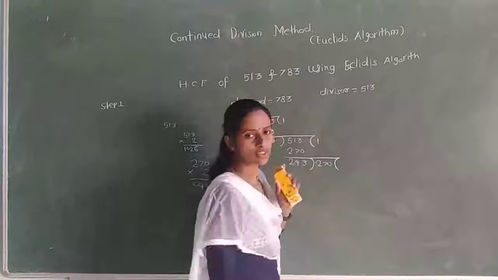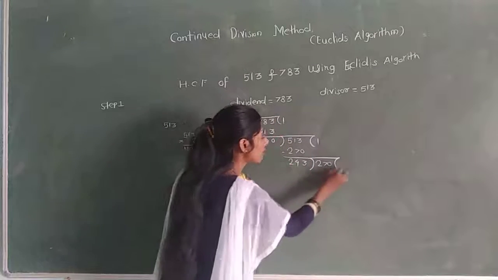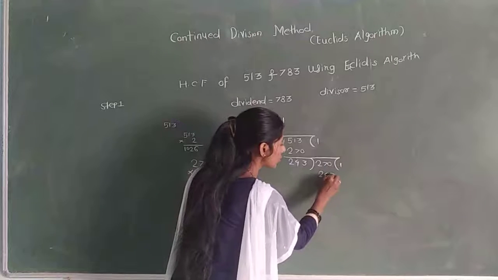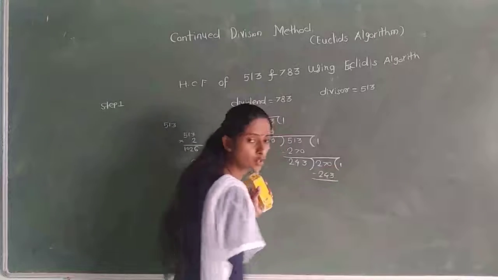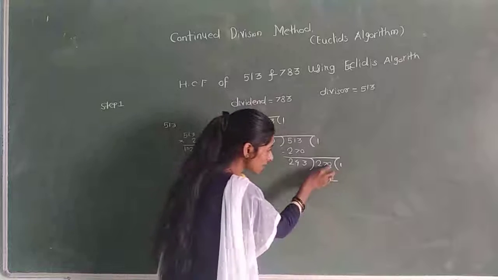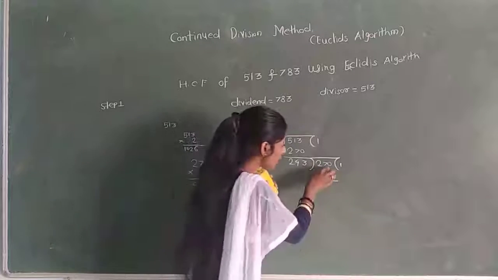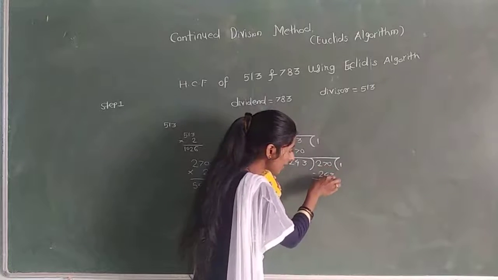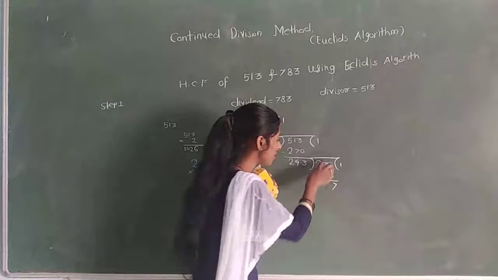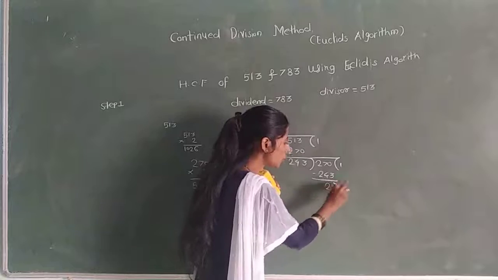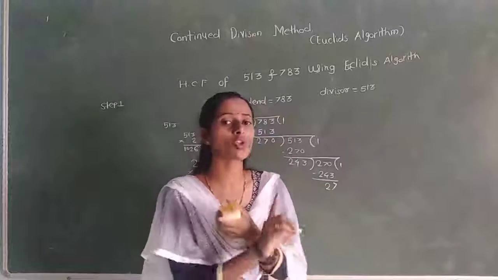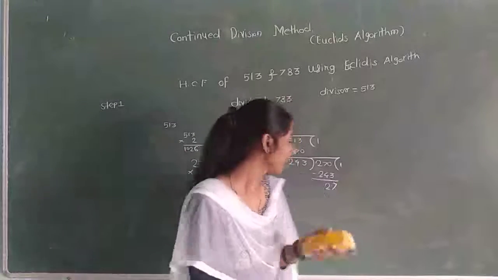Again find the division. 243 is the closest number to 270. Now subtract: 0 minus 0, then borrow, 10 minus 3 is 7, 6 minus 4 is 2. Again the remainder is not 0, it is 27.